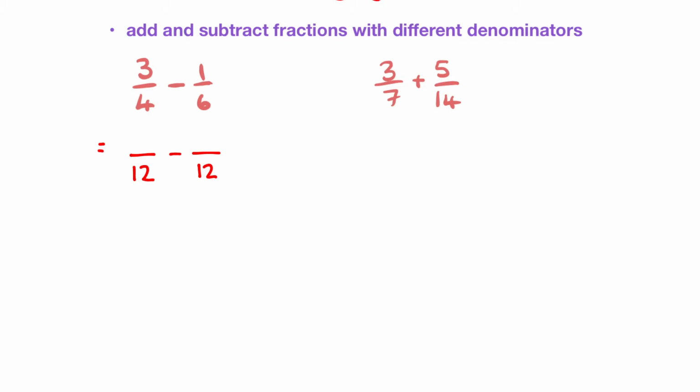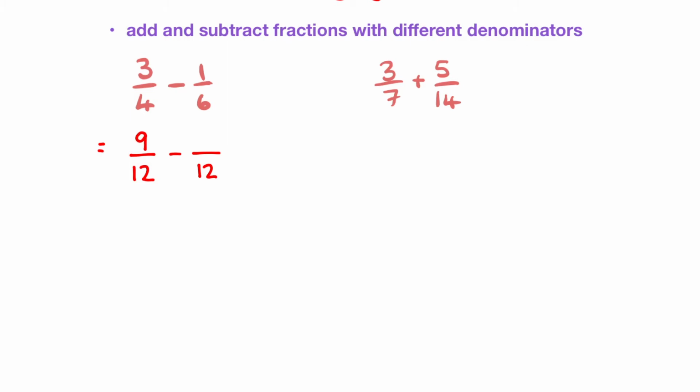So 3/4 is going to become a number of 12ths. And the way that we do that is we create equivalent fractions like we just looked at. So we see, what has the 4 been multiplied by to give us 12? Well, 4 times 3 is 12. So we need to do 3 times 3 to get the top number here.